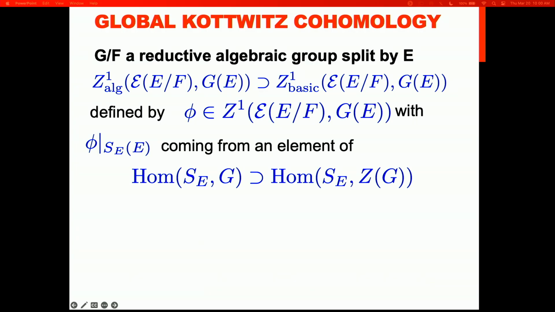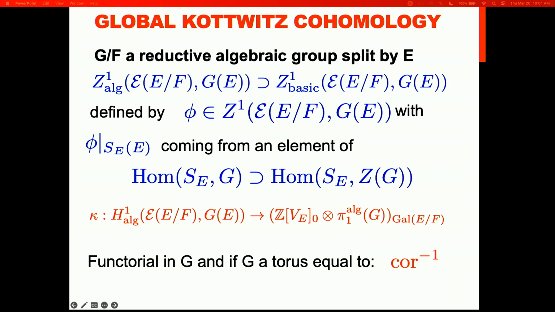And again, in exactly the same way, you can extend it to the cohomology of any algebraic group over F by taking non-abelian cocycles whose restriction to SE either comes from an algebraic homomorphism from SE to G or from SE to the center of G, and you get algebraic and basic cohomology.